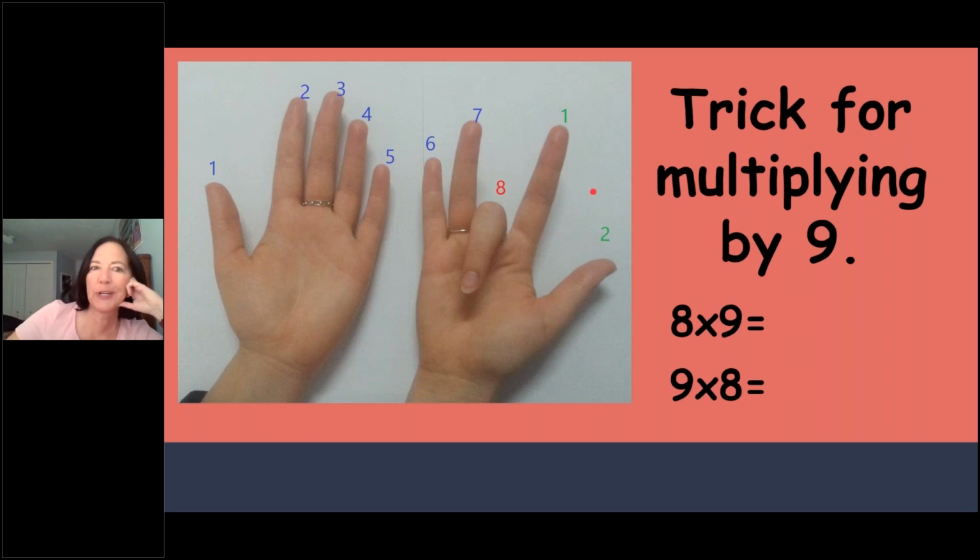Okay, good. I wasn't sure you'd be able to. So you can see when they counted to the 8th finger and folded that one down, now you can read the answer to 8 times 9. There are 7 numbers on the left side of the folded finger, 2 numbers on the right side. So our answer is 72.